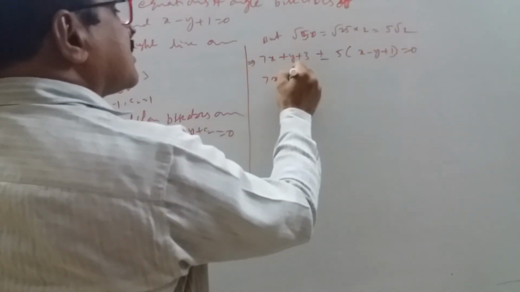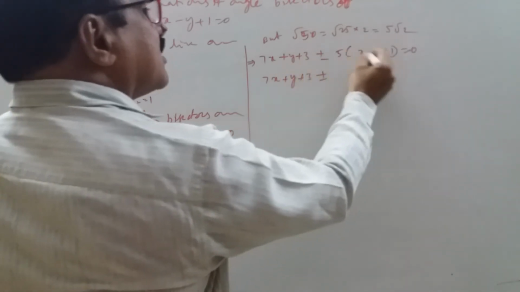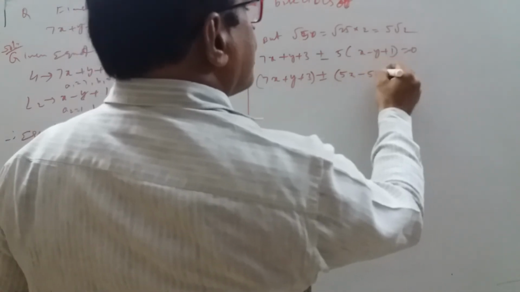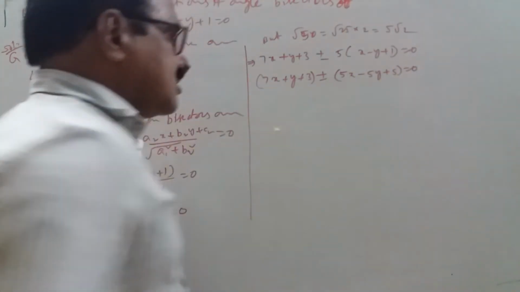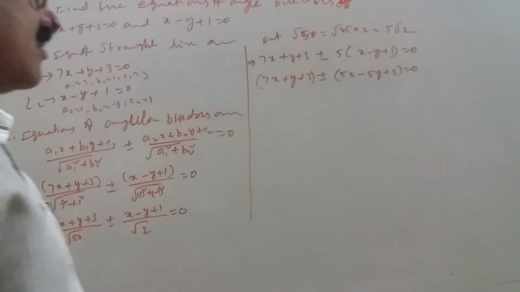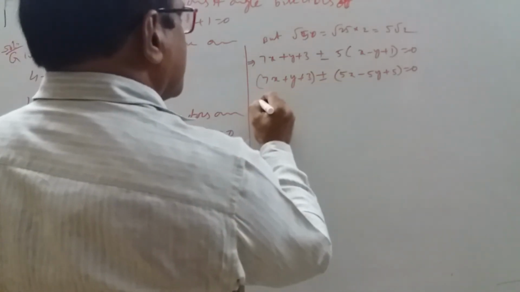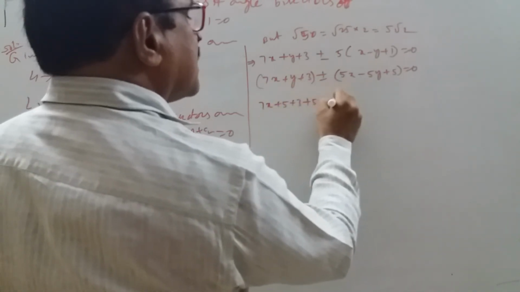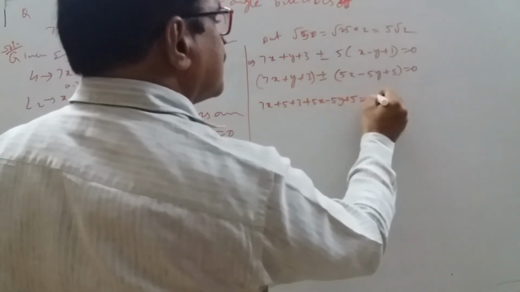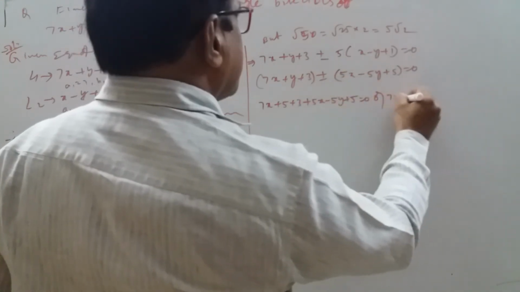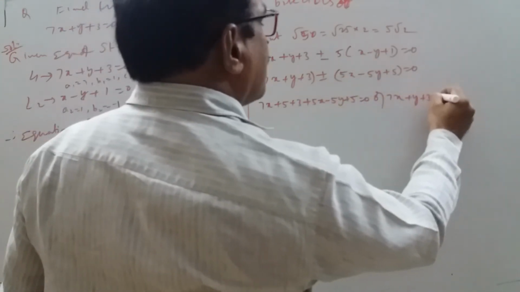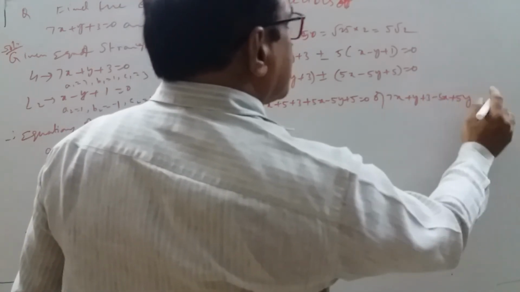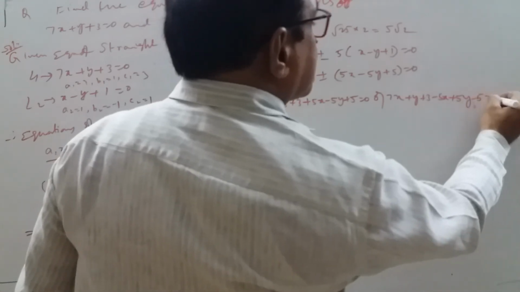That implies 7x + y + 3 plus or minus 5x - 5y + 5 is equal to 0. Take one time plus and another time minus. That implies 7x + y + 3 + 5x - 5y + 5 = 0, or 7x + y + 3 - 5x + 5y - 5 = 0.